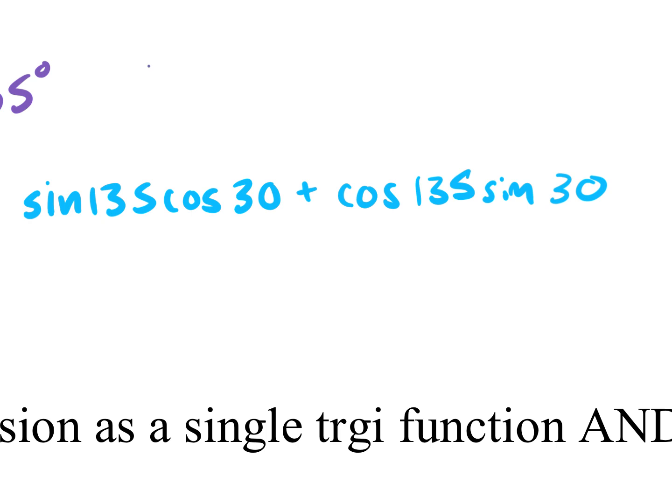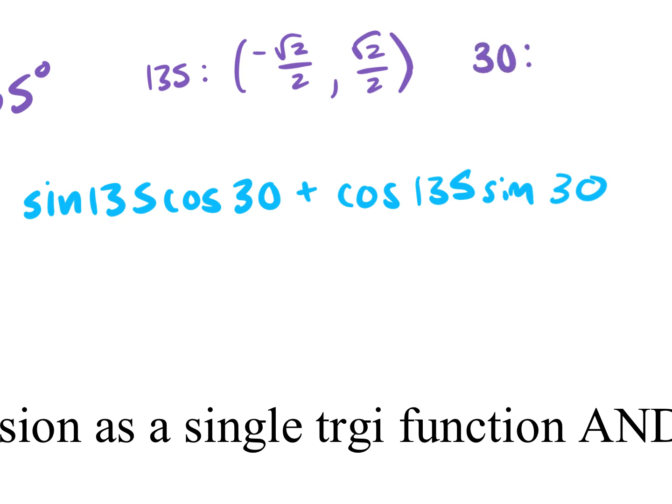Now my coordinate point for 135 is negative square root 2 over 2 and square root 2 over 2. And then my coordinate point for 30 would be square root 3 over 2 and 1/2.